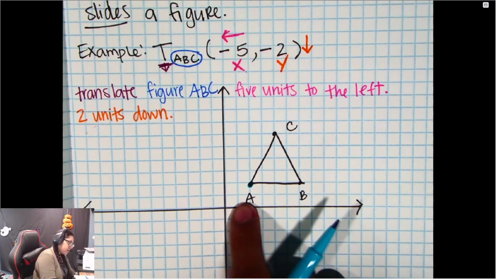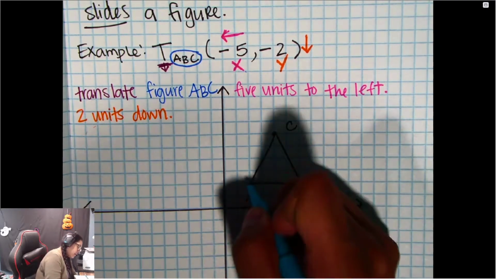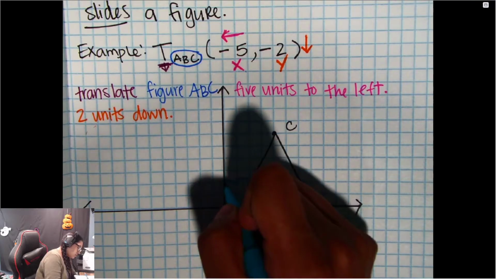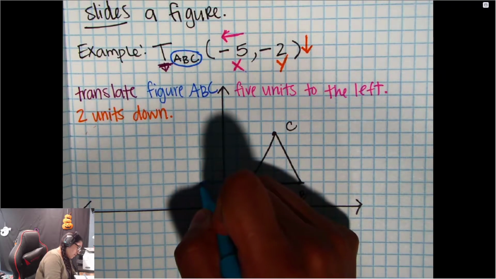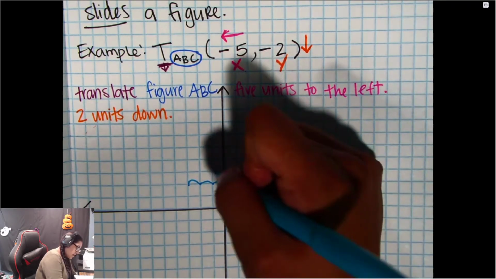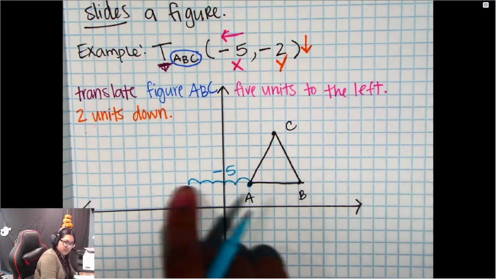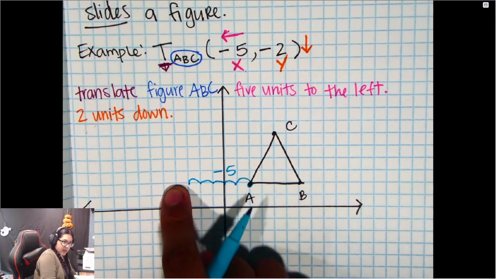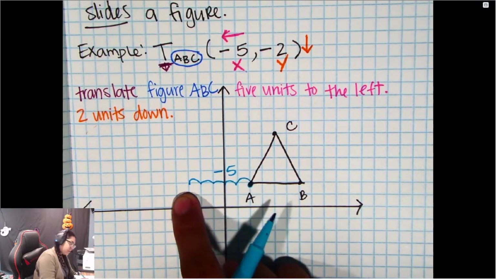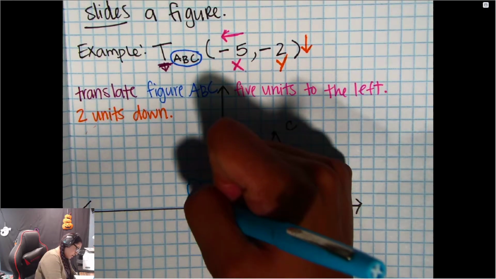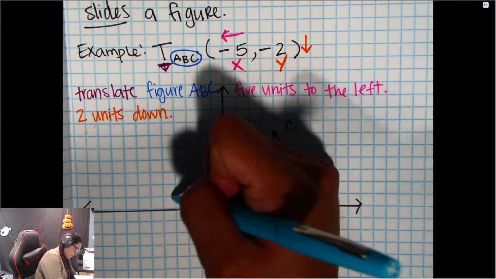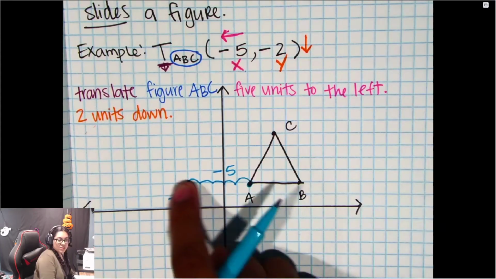That's exactly what I'm going to do. I'm going to grab A and I'm going to move 1, 2, 3, 4, 5. This is my -5, right? I moved 5 to the left. After I move 5 to the left, I'm going to move 1, 2 down. That's my translation movement.